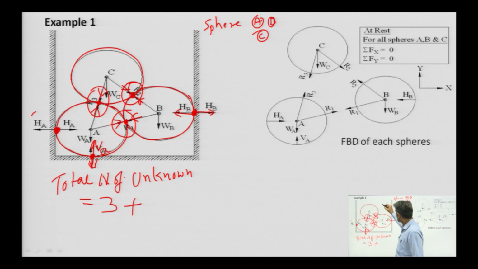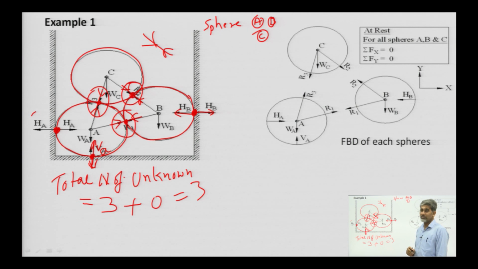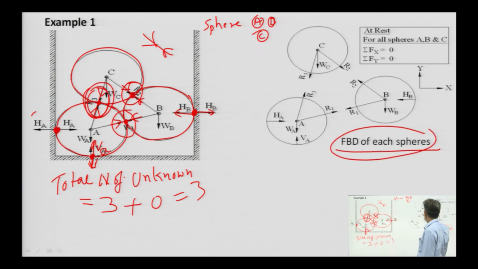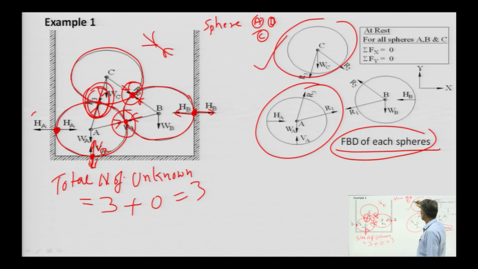Why are these not considered? Because they are neutralizing each other. So, we have only 3 unknowns and 3 equilibrium equations. So, this is determinate. These forces can be calculated by making the free body diagram. First take this and solve another.